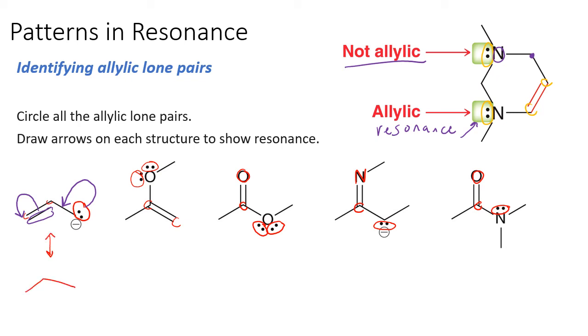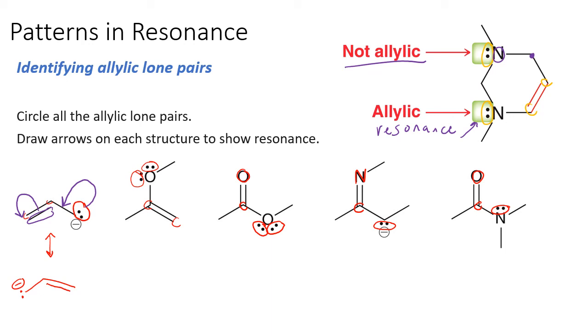We're going to now have a double bond right here, and we're going to have a lone pair of electrons, or a carbon with a negative formal charge, at the very end on the opposite side. So to draw the resonance structure there, it took me 2 arrows when I was dealing with allylic lone pairs. In order to go from one resonance structure to the other, I needed 2 curvy arrows to show the movement of my electrons. And that's going to be one of the main patterns that you see.